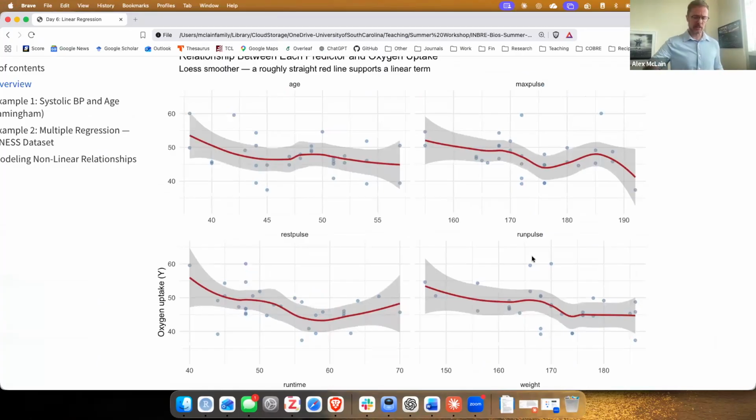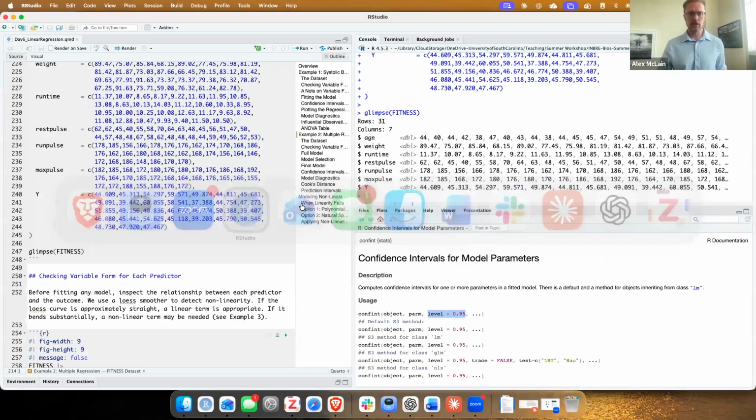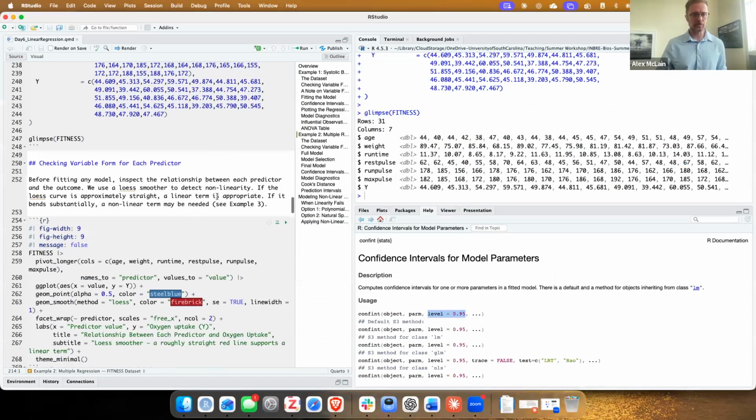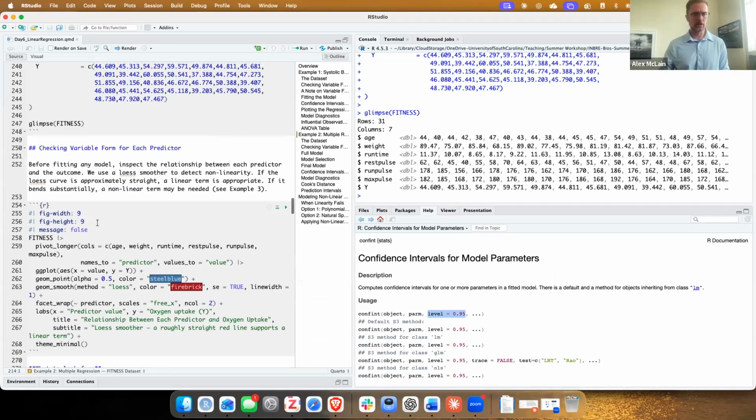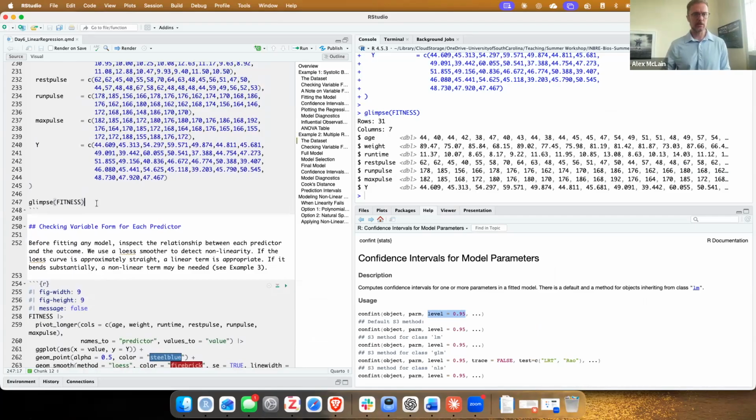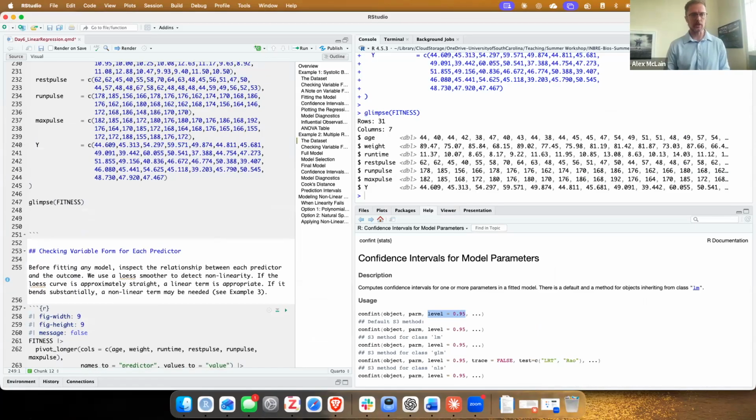We could actually even look at this using the data here. Let's do that because I'm curious. I did not look at that before. So I've run the data here and I'm interested in what's the relationship between run pulse and max pulse. A few different ways I can look at this. I could plot these two variables. So I could say ggplot.